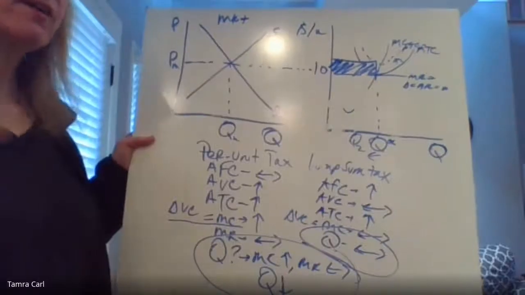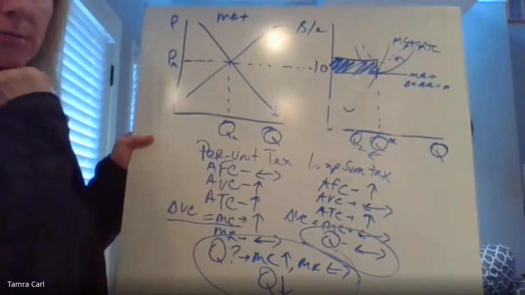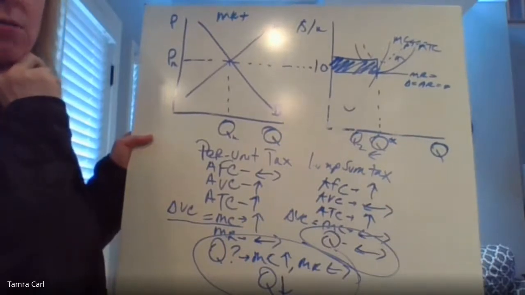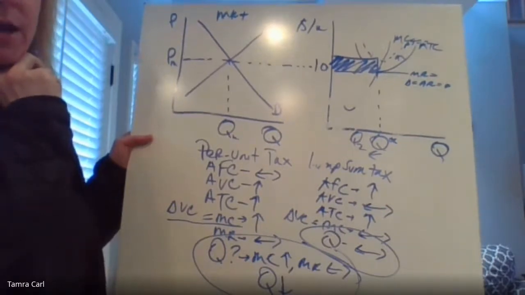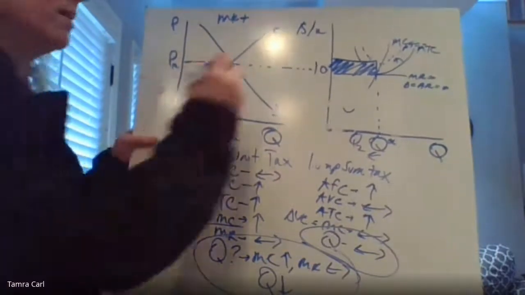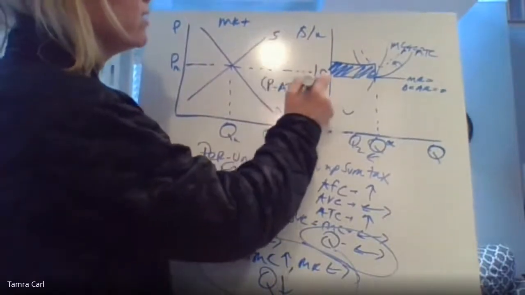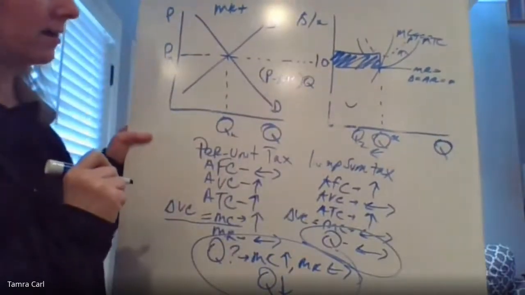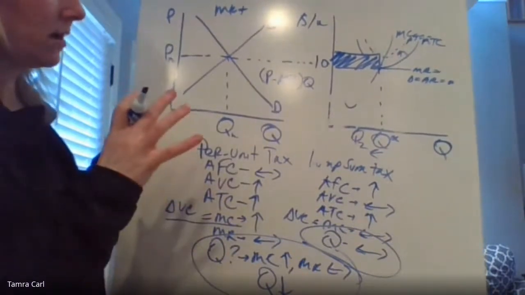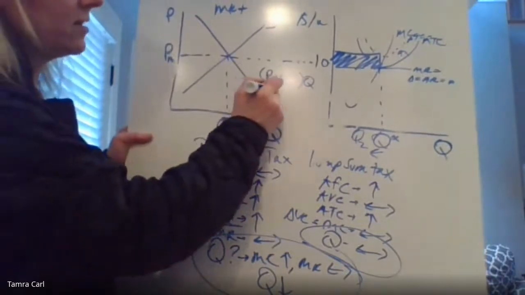I think that, Claire, if you're going to shift something, I think it'd be hard to do the letters. I think it would be explained. And so this is where I would say economic profit is calculated with price minus ATC, right? Price minus ATC times quantity is what gives me the economic profit. If I'm talking here about the per unit, my price didn't change, so that stayed the same.